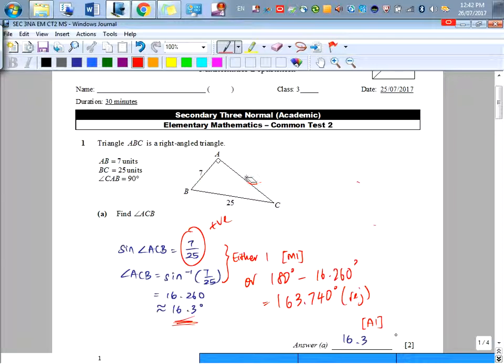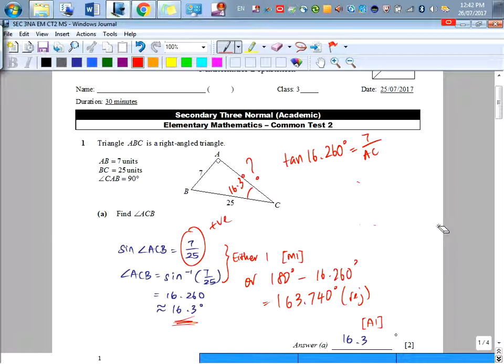So for example, some of you did this. Okay, ACB, this is 16.3 degrees. So what some of you did to find this side, you tried using tangent 16.3 or rather 16.260 equals to 7 over AC.